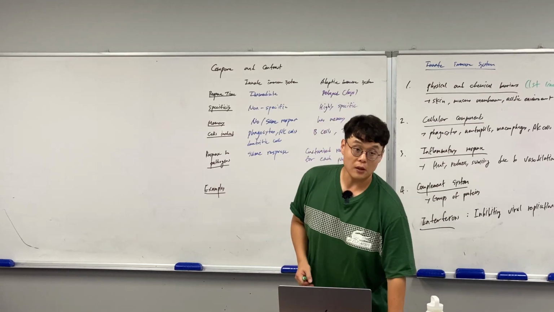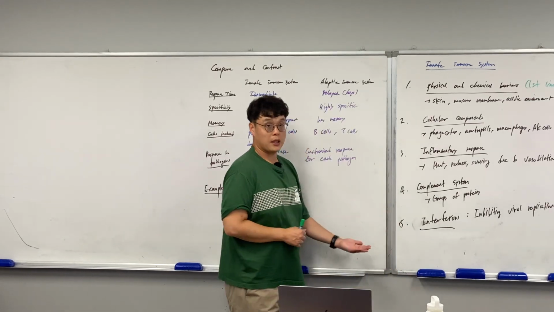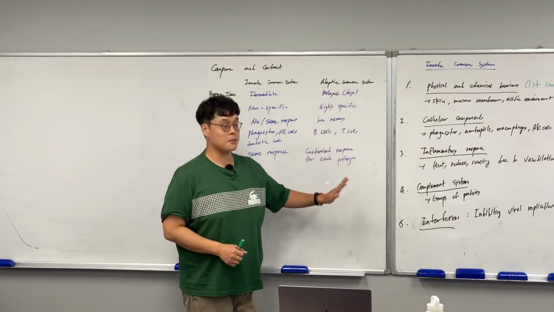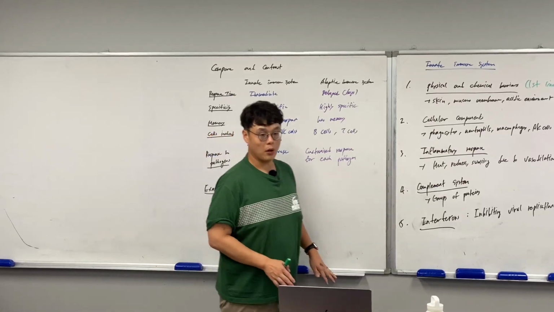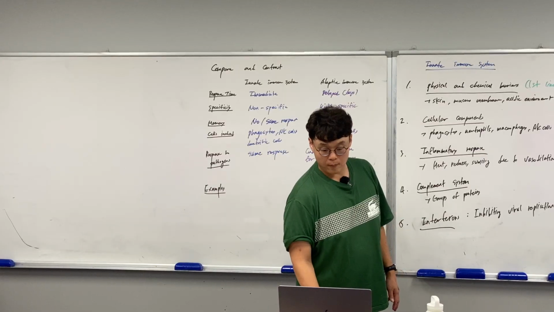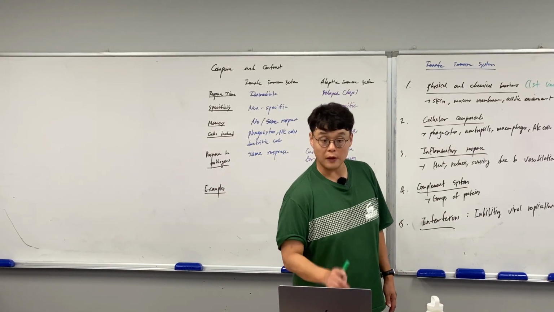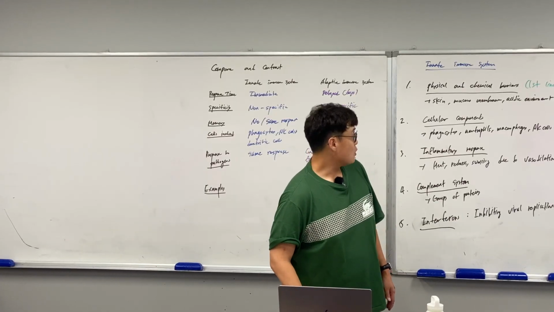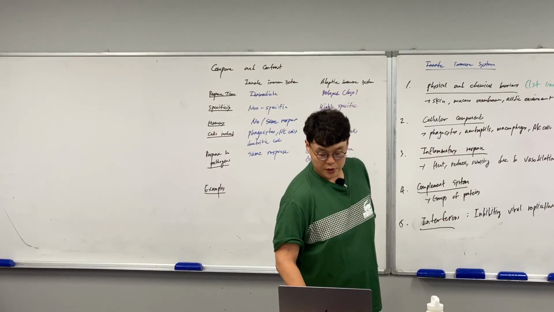That's what we learned last week in terms of summary of the innate and adaptive immune systems, and also compare and contrast of all that. And that's basically what I can give you from the flow chart. Adaptive immune systems all given to you. You can just copy them down in your notes as well.